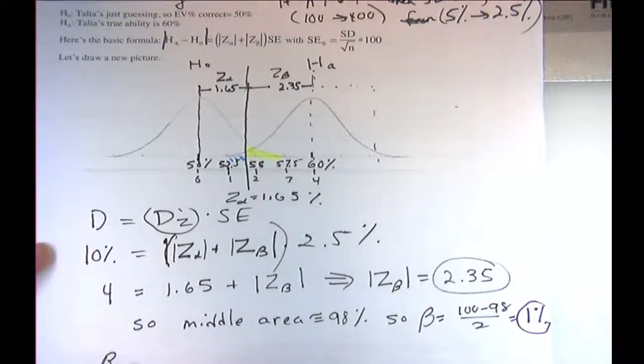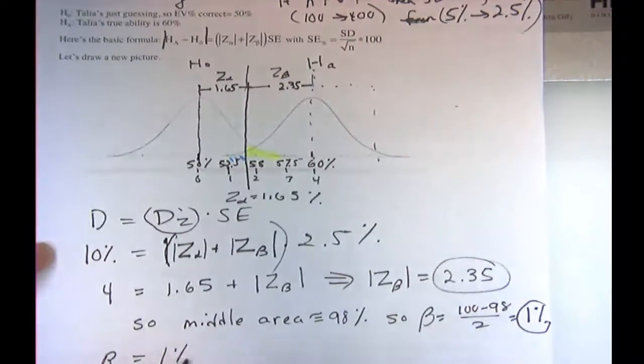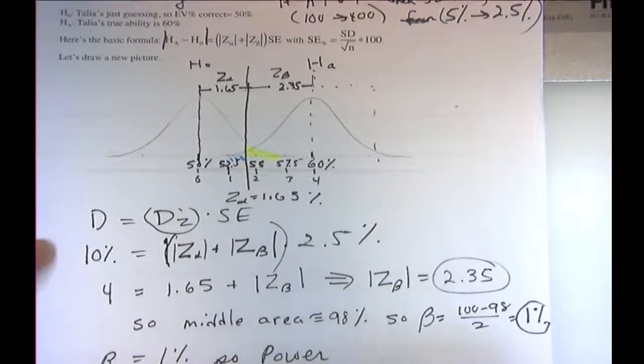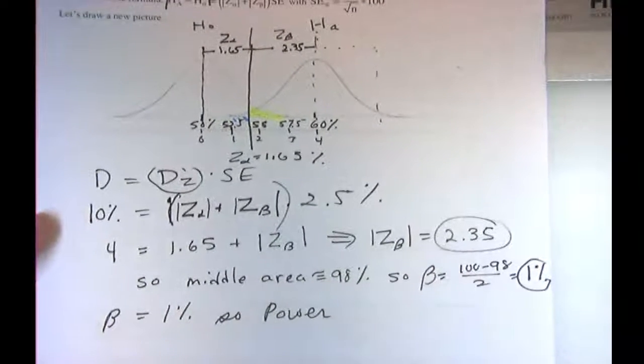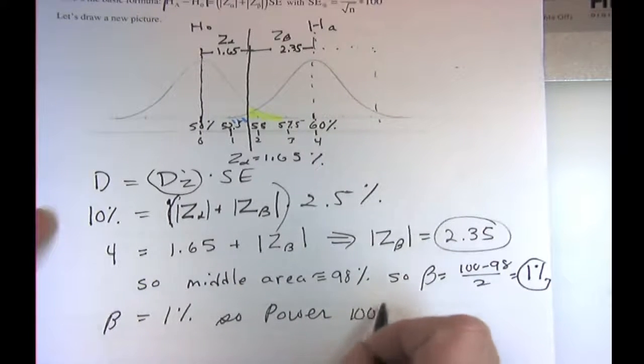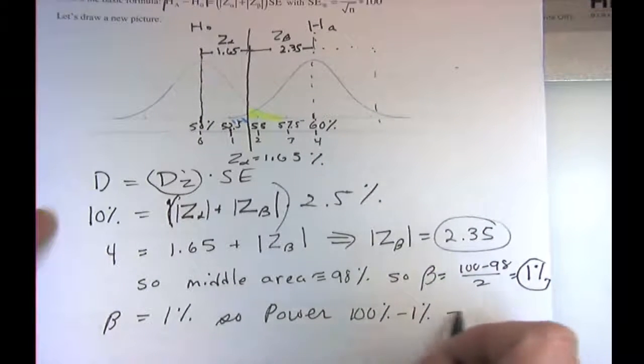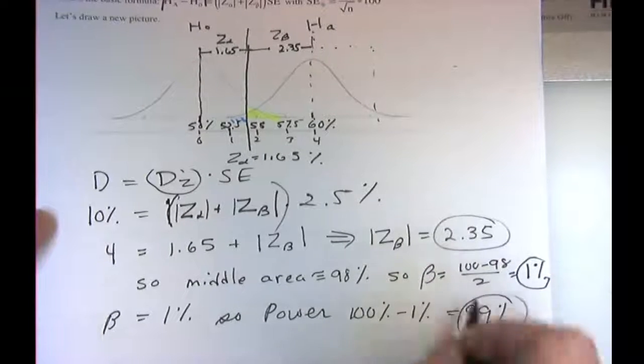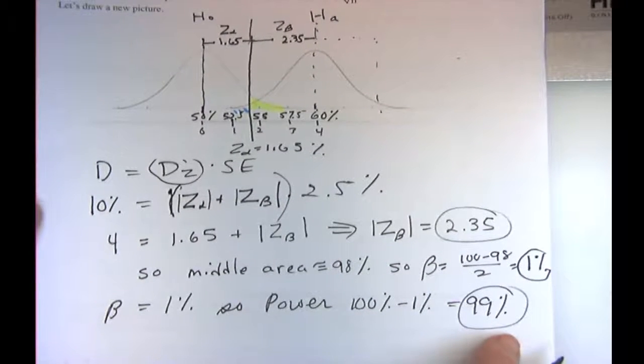So beta is our probability of this tiny tail. So the power to detect that difference when it exists is 100% minus 1%, which is a 99% power. That's a very overpowered test.